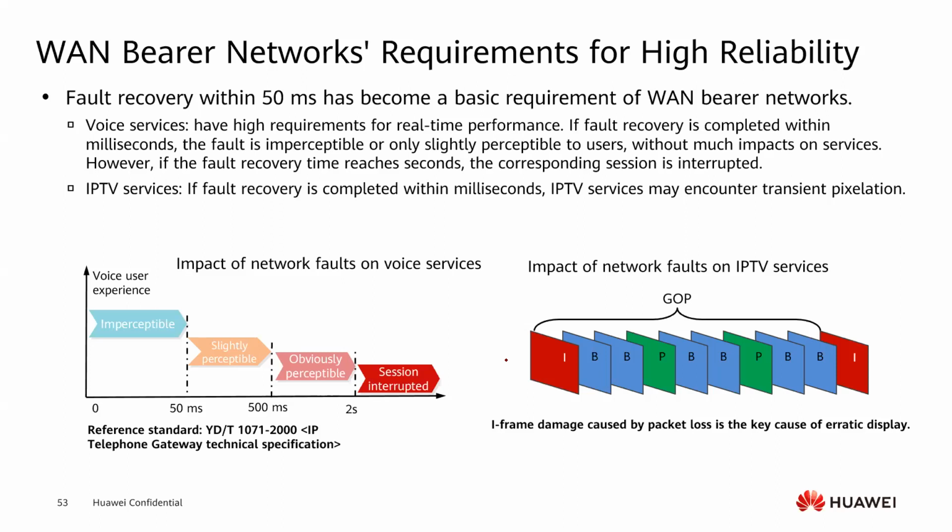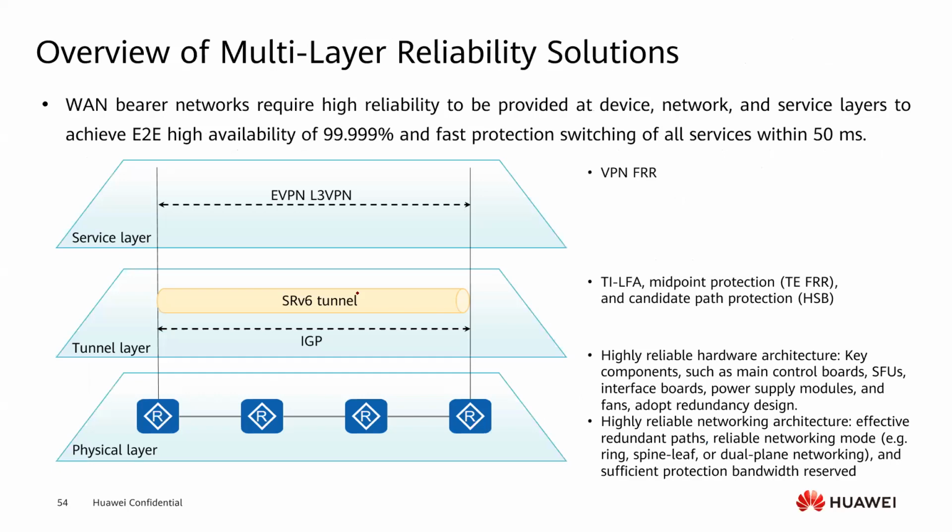Okay, so let's look at the overview of the multi-layer reliability solution for SRv6. Basically, we can divide our network into 3 layers. First is the physical layer, all kinds of link devices, etc. Second is the tunnel layer, which is like SR tunnel, SRv6 tunnel.